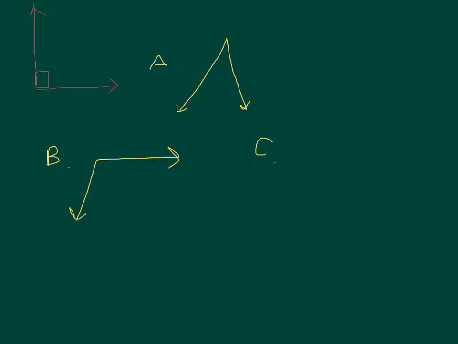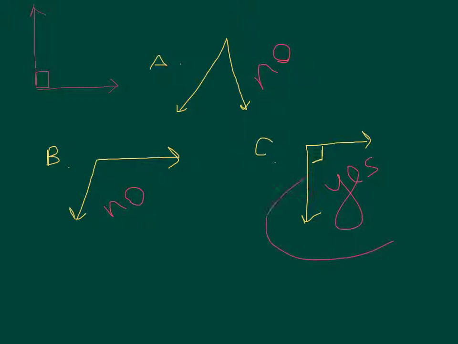Is this a right angle? If you said no to A, you're correct. No to B. Yes to C. We know that because there's a square there.